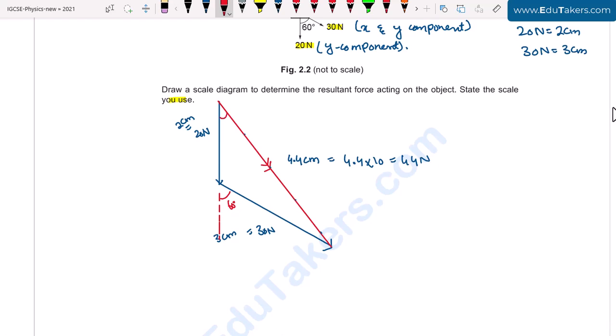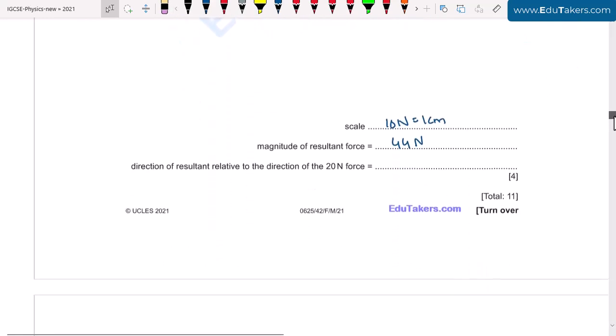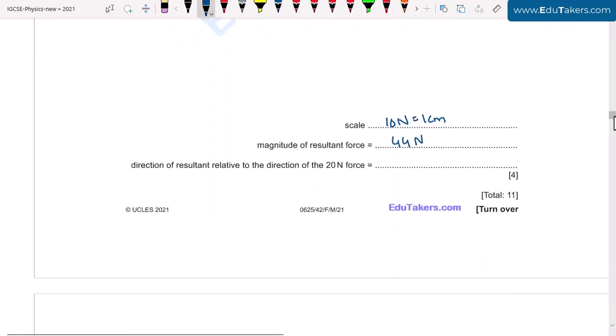By using the protractor, you can calculate this angle and it comes to be 36 almost. So I write here 36 degrees, anti-clockwise from the 20 Newton force. 36 degrees in anti-clockwise direction.